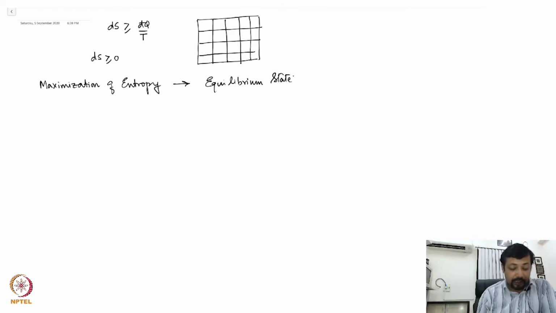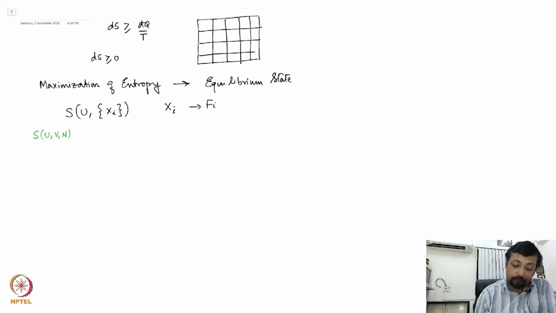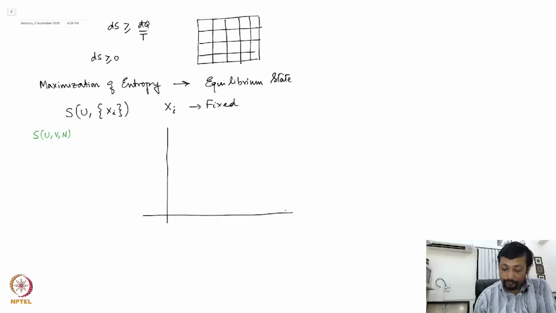state, correct? But now I know that the entropy is a function of U and Xi. This is my fundamental relation of type 1. So for a hydrostatic system, I know that we have seen that S is a function of U, V and N. See, the forces are not appearing here, the Fi's are not appearing, it's always the generalized coordinates, right? So it follows, let's take a system where I have fixed the Xi's and I am only interested in looking at this plane.